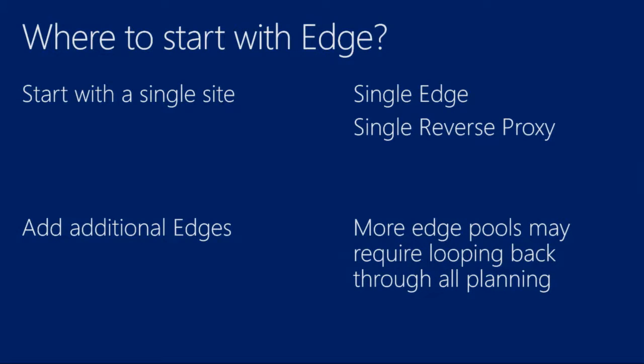A single edge with a single reverse proxy, that's 2 servers, provided, of course, we're not using a device for reverse proxy. When you add additional edges, there's my statement about looping back through all the planning. And you'll see it here in a bit.